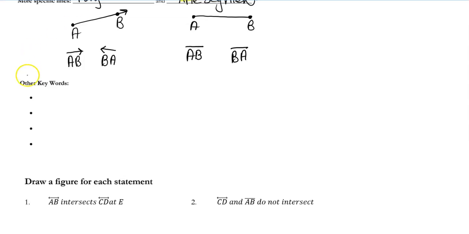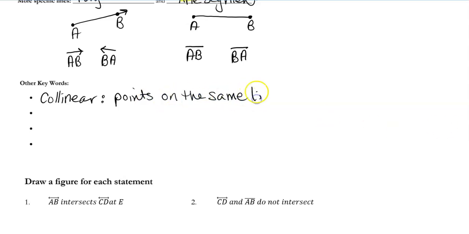the first one we have is collinear. And collinear means points on the same line. So when things are collinear, they are on the same line. Okay? The next word we have is non-collinear.